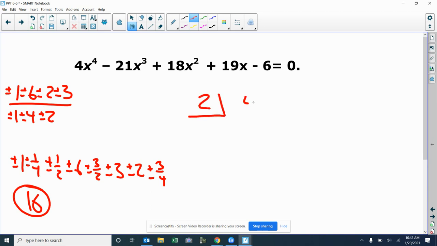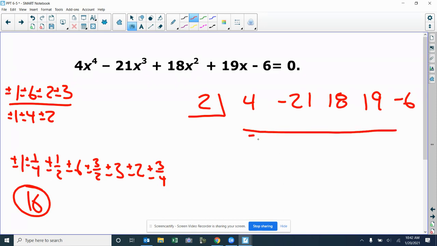Positive 2. We got 4, negative 21, 18, 19, negative 6. What do we look for? Remainder of 0. Whoops, I already messed up. 4 comes down, that gives me 8, right? What's that give me? Negative 13, right?